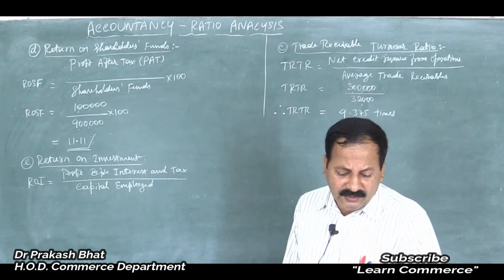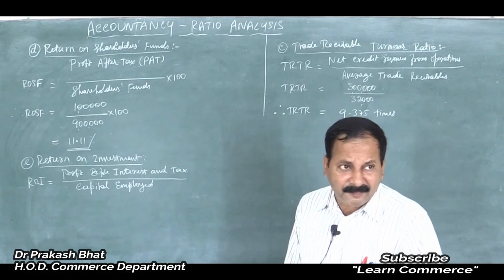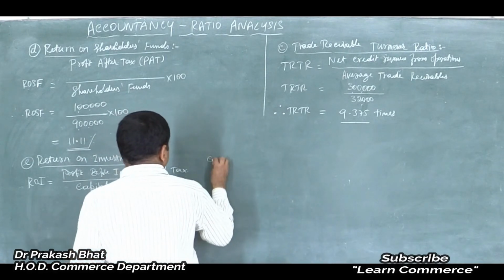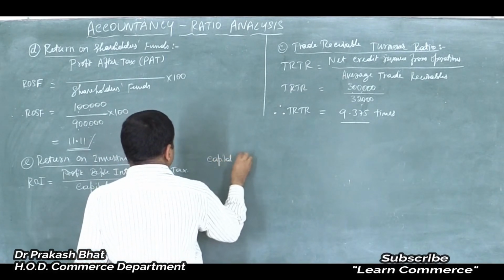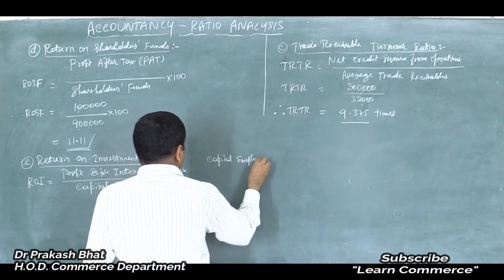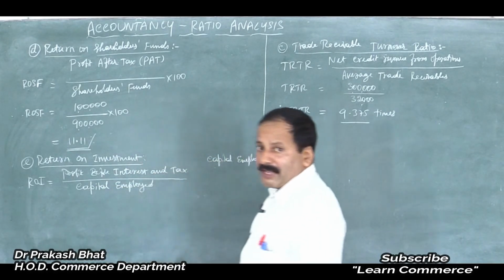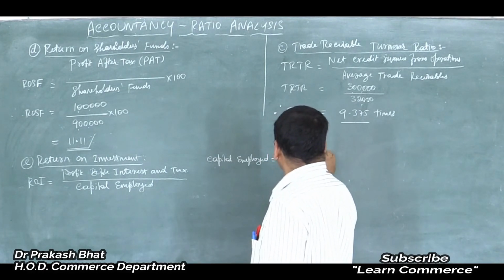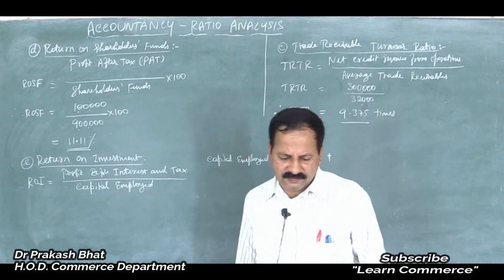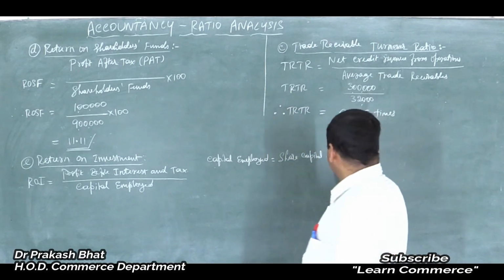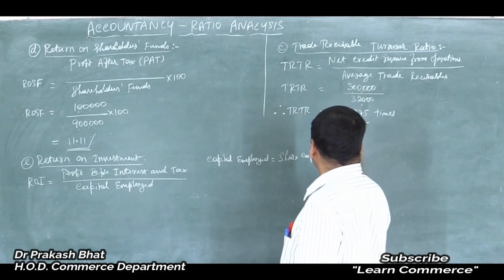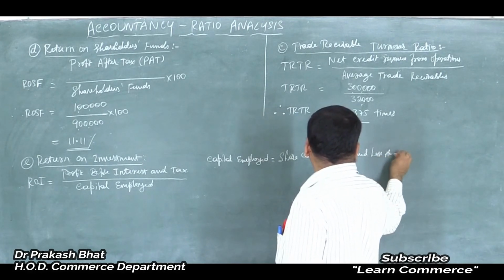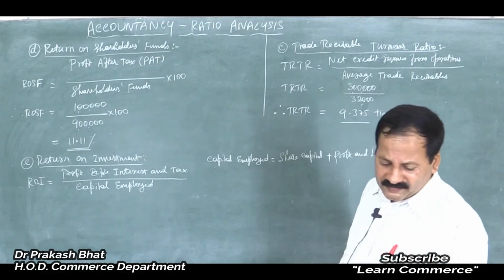So right here, share capital plus profit and loss account plus debentures, right? So capital employed is equal to share capital plus profit and loss account balance plus what else?